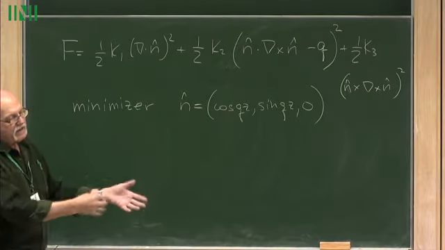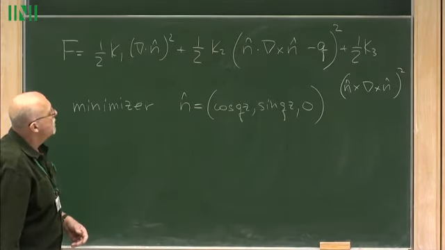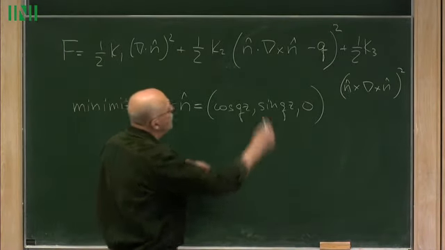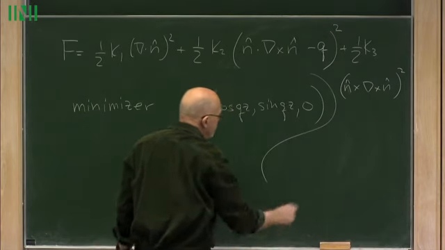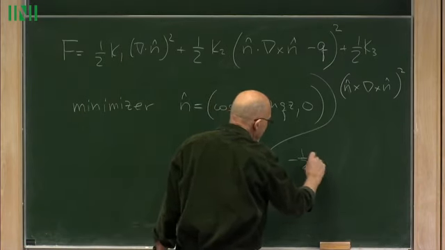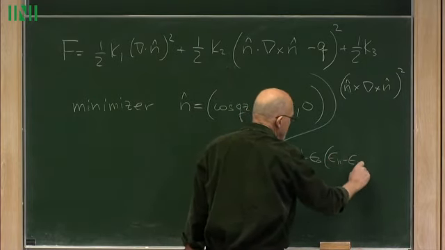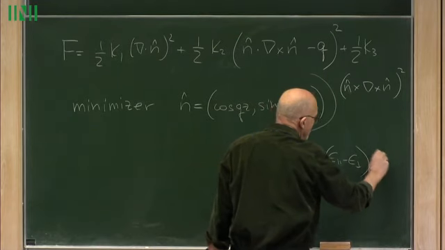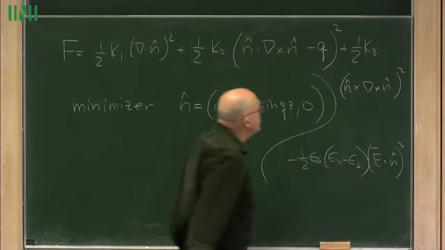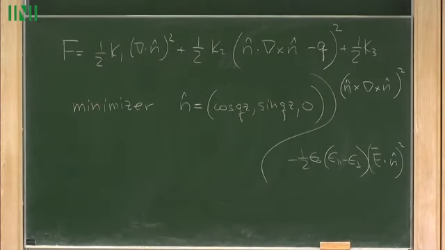And then because of the periodicity and Floquet's theorem, we get the band structure and so on. And of course, if we have an electric field, then there's another term in the free energy, which is minus 1/2 epsilon naught (epsilon parallel minus epsilon perp) (E dot n) squared. Okay, so this is the regular cholesteric structure.